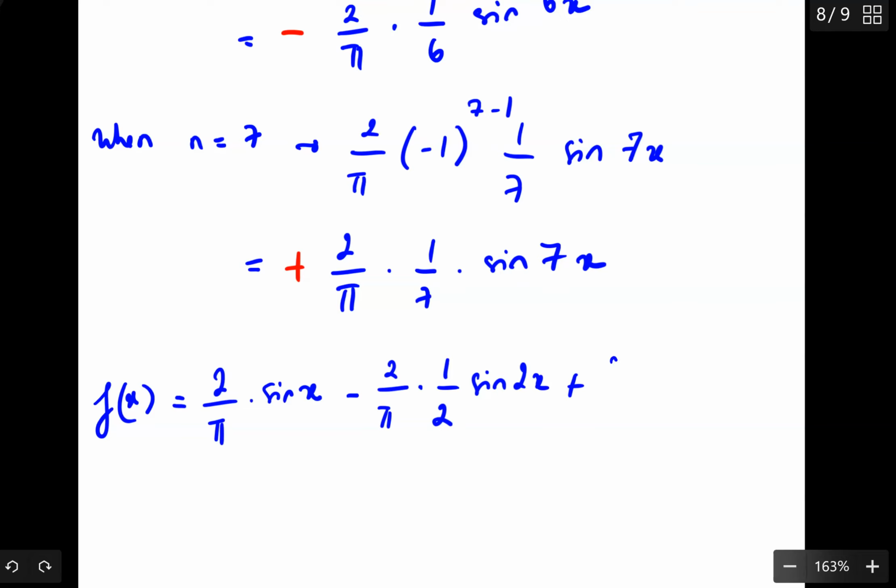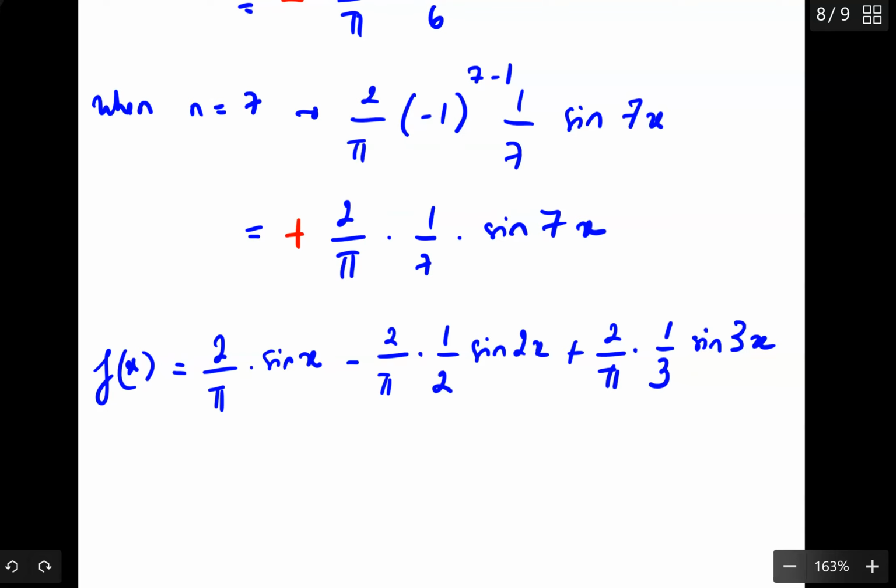Then I add that with 2 over pi times 1 over 3 sine of 3x. And then I subtract that with 2 over pi times 1 over 4 times sine of 4x.